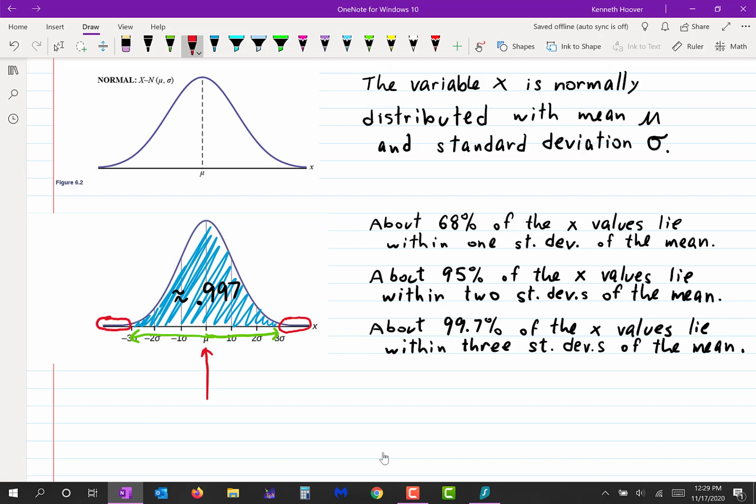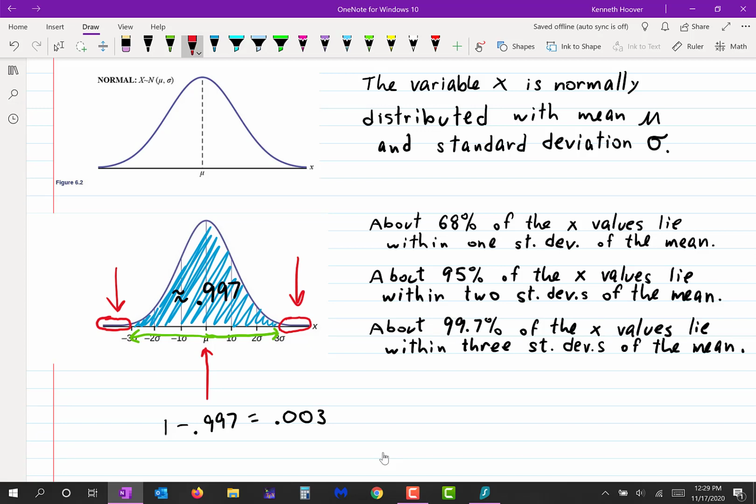In fact, we could figure out how much area, because you know the total area under the curve is 1. So if you take 1 minus 0.997, what's that give us? That gives us 0.003, right? So these two together add up to 0.003.